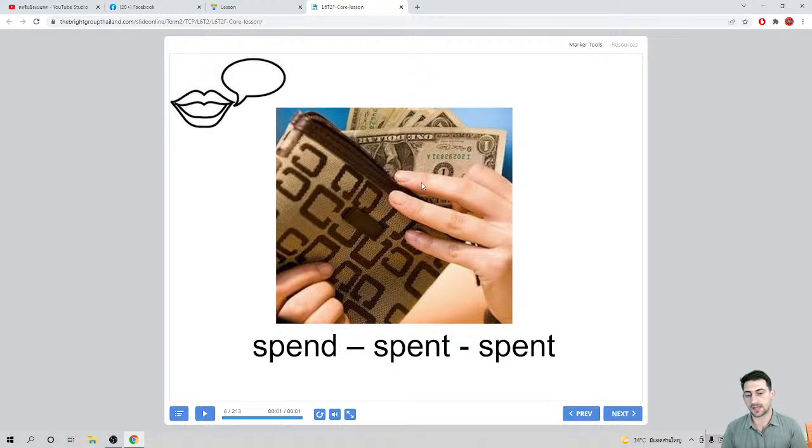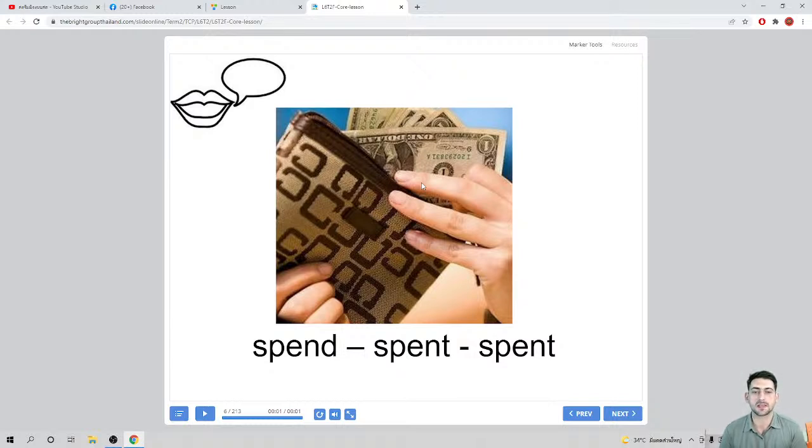So we have the 3 forms of the verb at the past tense. We have verb 1, which finishes in D, and that is the base form of the verb to spend. We also have the past simple, which finishes in T, which is the verb number 2, spent.